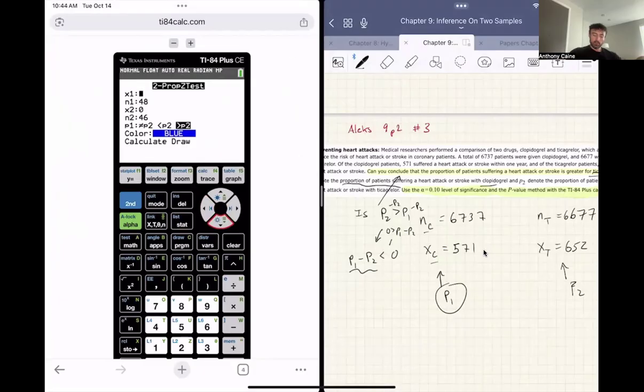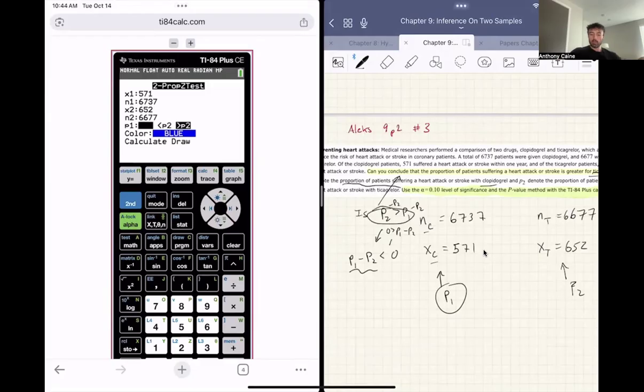X1 is 571, and N1 is 6737. X2 is 652, and N2 is 6677. And what do we want to know? If P1, oh okay, it is nice.